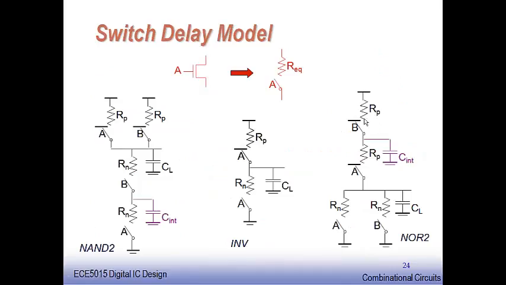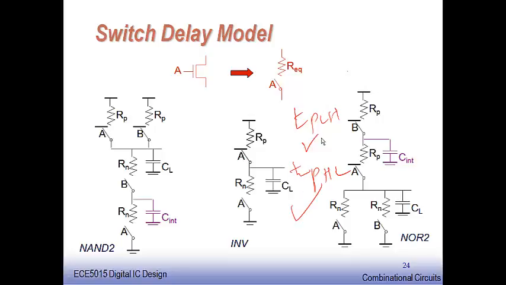Now the next big understanding you need to have is, if I have a digital circuit configured using PMOS and NMOS devices, how very simply we could go for modeling the circuit as a switch delay model, because we will need to find out the propagation delay, the TP-LH and the TP-HL.